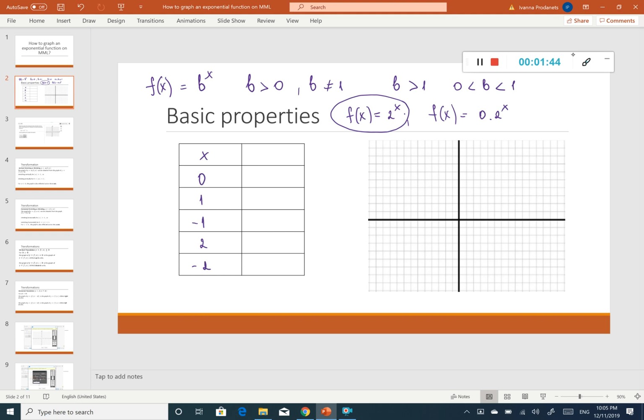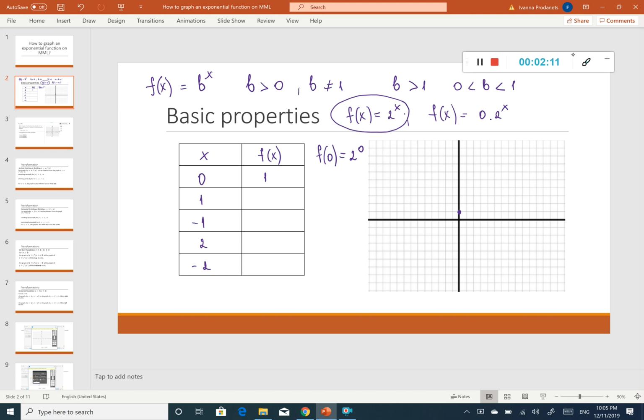If I want to calculate f of x, I simply plug x equals 0 into the function, and I will say f of 0 will be 2 raised to power 0, so the value of the function in the second column will be 1. This will create the first coordinate on the graph, which will be 0 and 1. So here's my first coordinate.